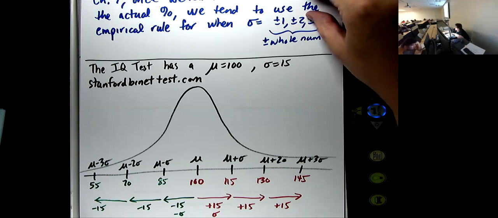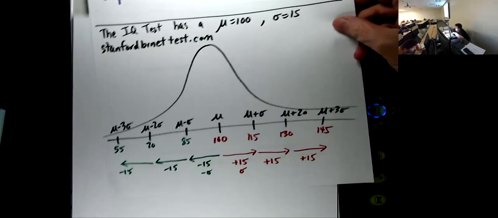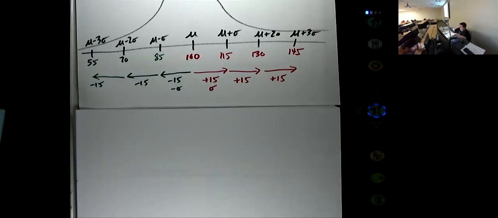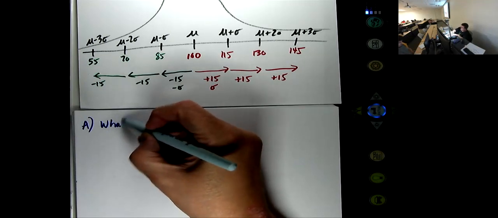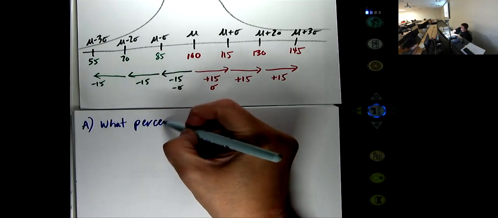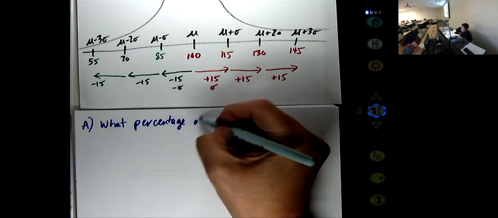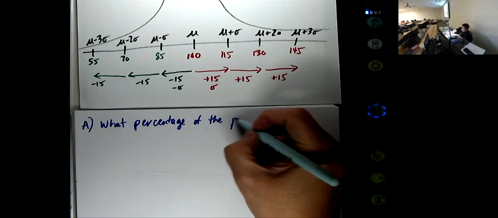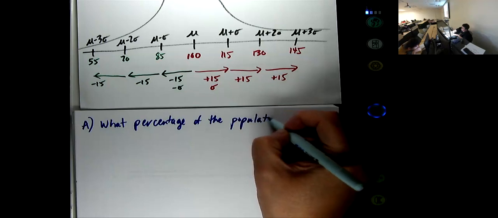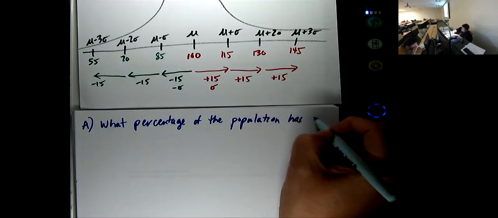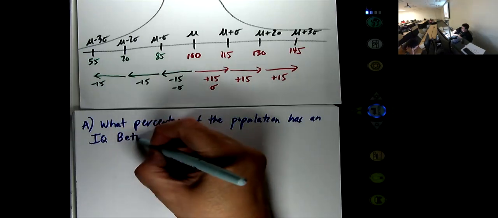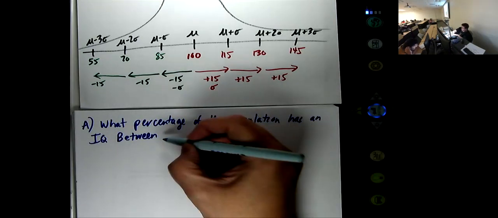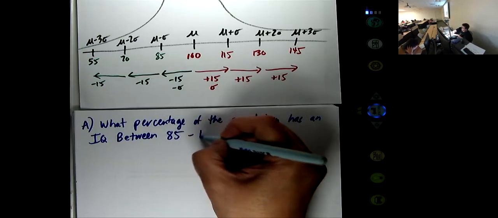And this is how homework problems are going to ask you questions. It'll ask you something like this. What percentage of the people or the population has an IQ between 85 and 130?